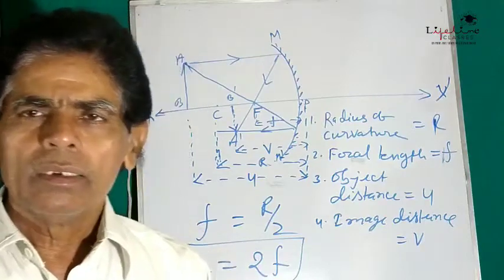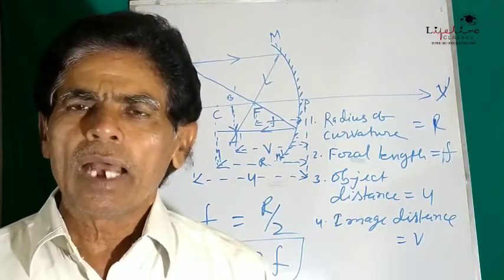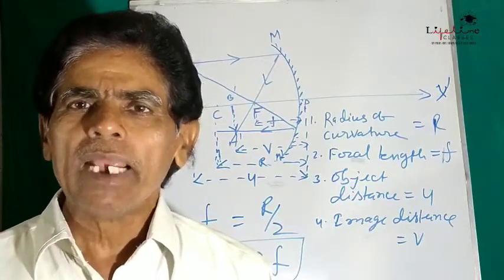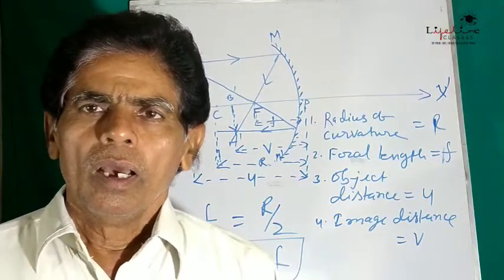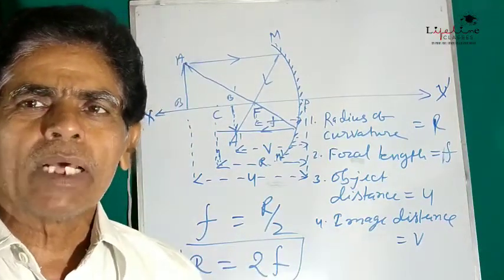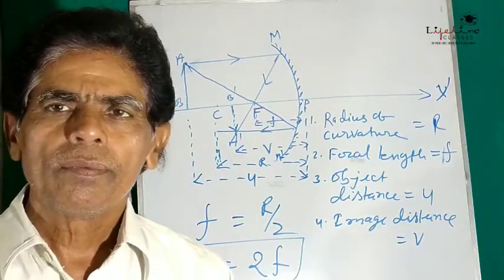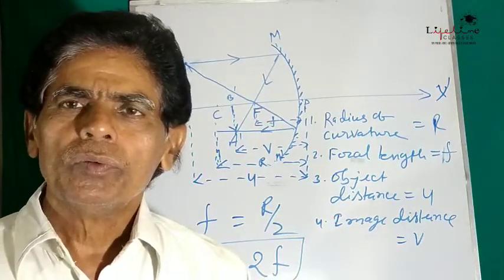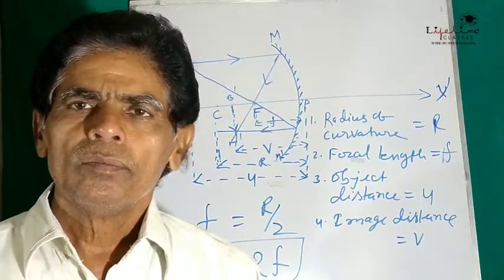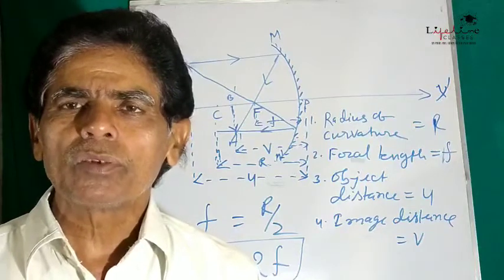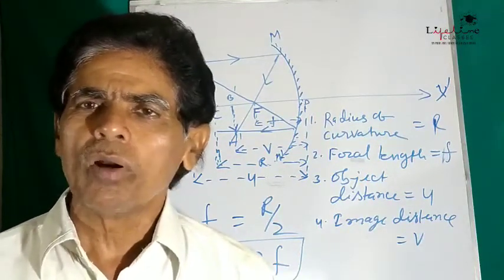So these are the general terms which are used to explain the various properties of the spherical mirror, and to express the relation among the different terms in the form of the mirror formula and so on.